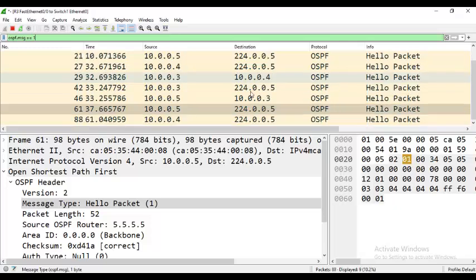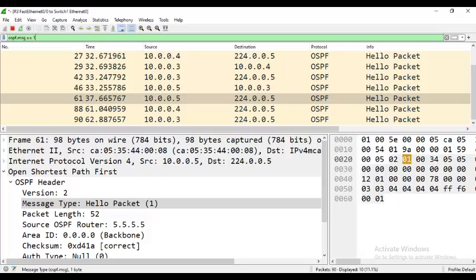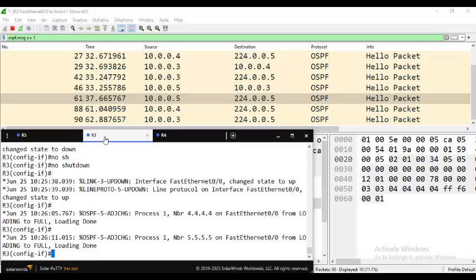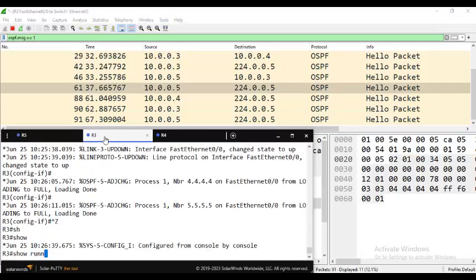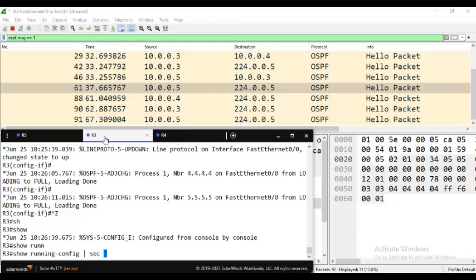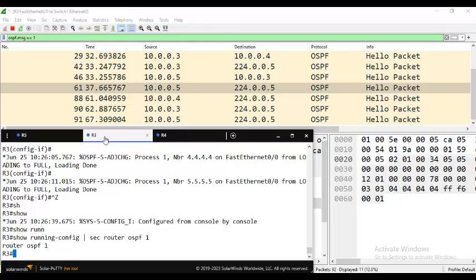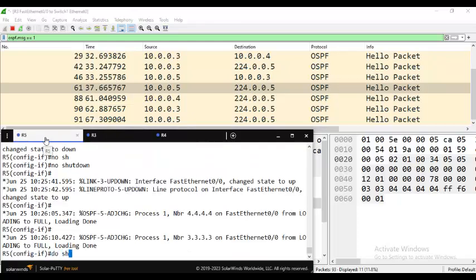Nothing. Whatever, fine. Okay, now it's only multicast. I don't know how the 2 packets were unicast. Hello packets are usually multicast.